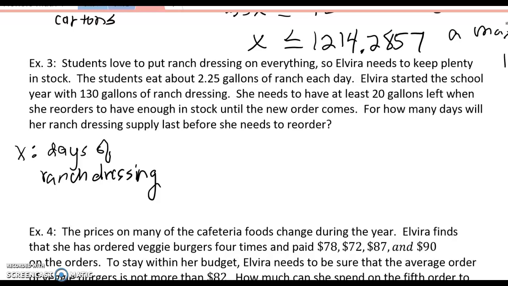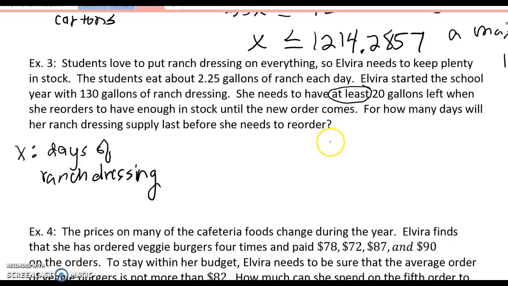Okay, so we're going to let x represent the days of having ranch dressing. So again, we need to write an inequality because we see wording that says there has to be an inequality, and we are focusing on this word at least. All right, so we're comparing the amount of ranch dressing that she has on hand.